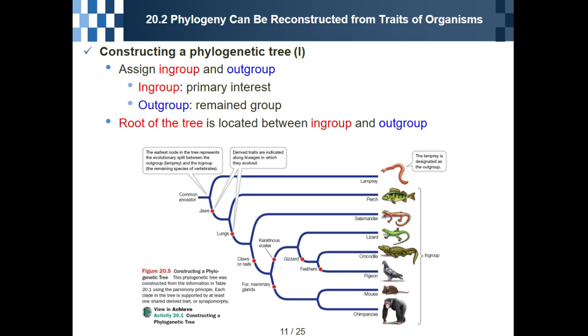No one is interested in the lamprey, so it becomes the out-group. So first of all, we split into in-group and out-group. The in-group and out-group have the common root of the tree. This is the root of the tree, and it is located between the in-group and the out-group.